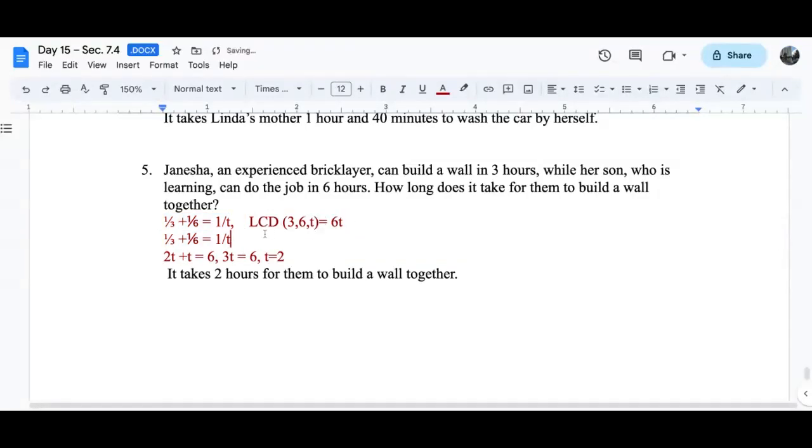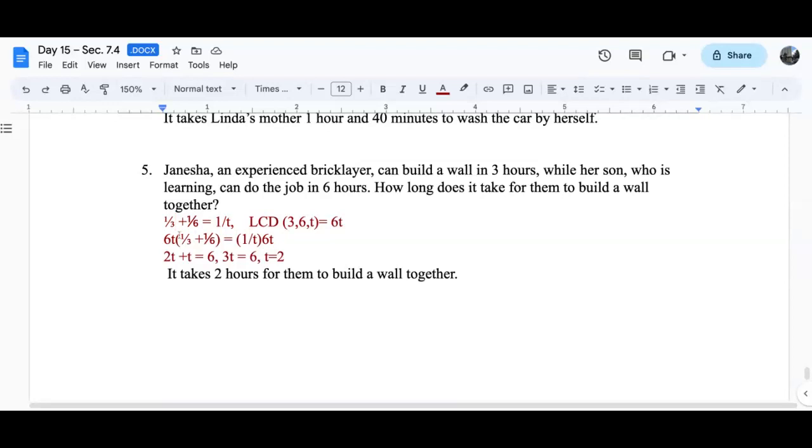Then we multiply 6t on both sides. You use 3 as the LCD. Oh, it cannot be 3, right? So let's see what the LCD is.